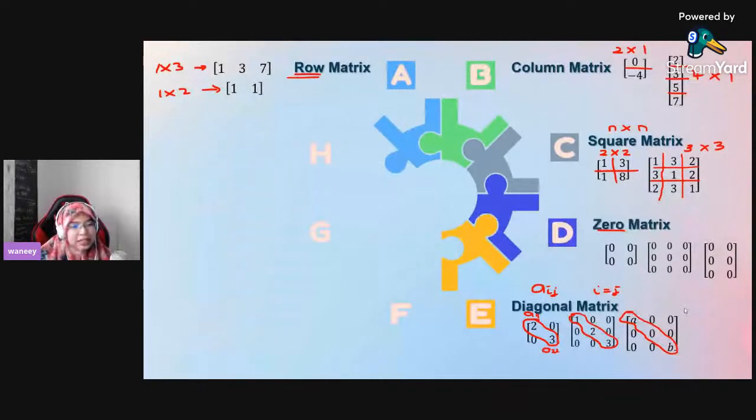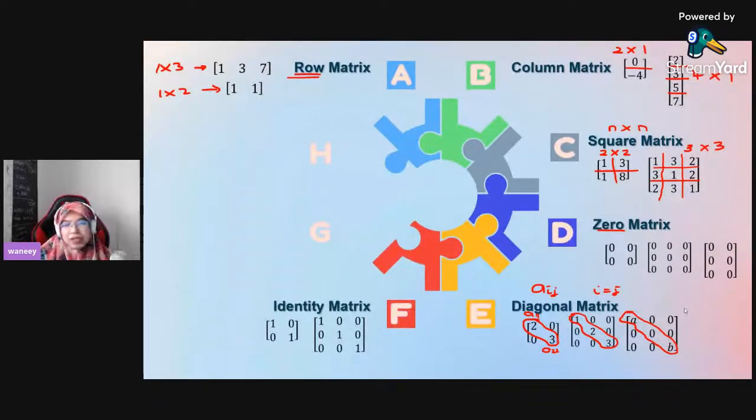Okay, next. The identity matrix. So this is mostly what we are going to use later on. So do make sure to keep this in mind. Identity matrix. So for example, as you can see over here, this is actually a diagonal matrix, except that on the diagonal, all the entries will be 1. So 1, 0, 0, 1. Same thing over here.